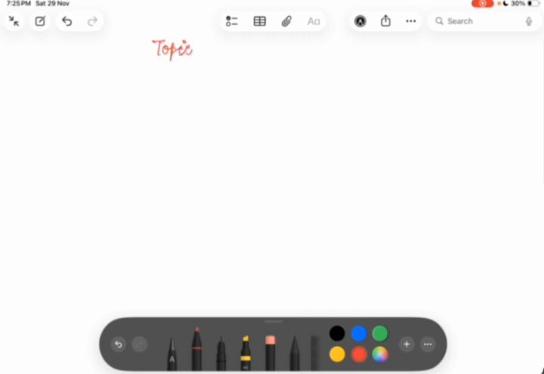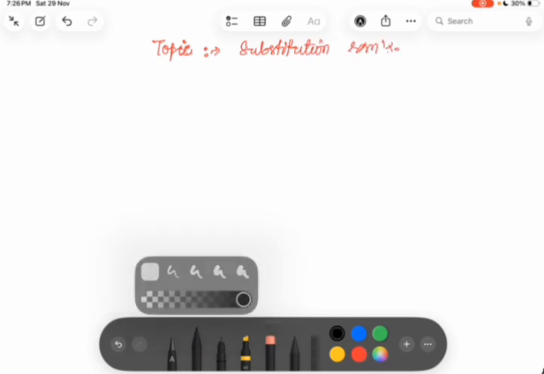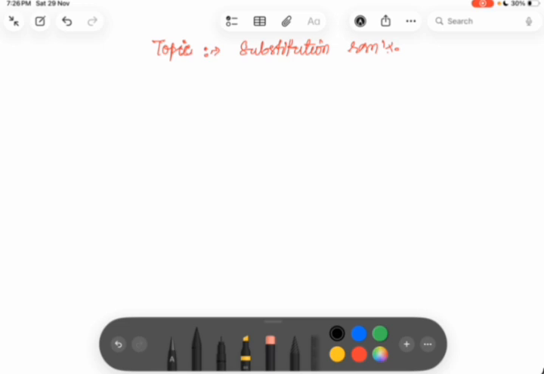Dear students, today we will discuss substitution reactions. You might have read about substitution reactions in your earlier classes. What are substitution reactions?